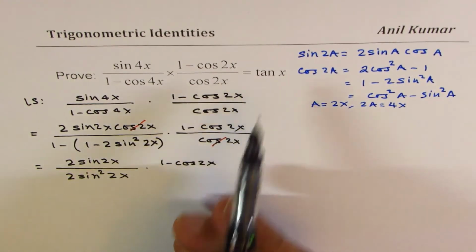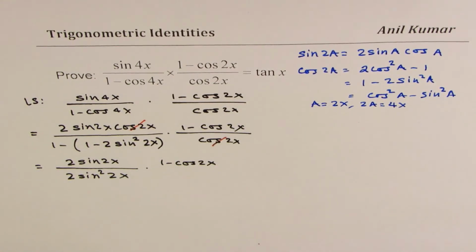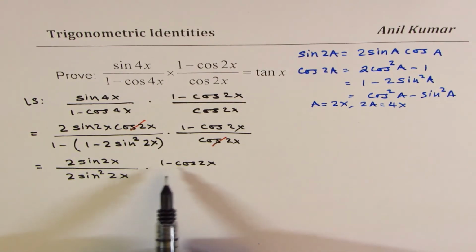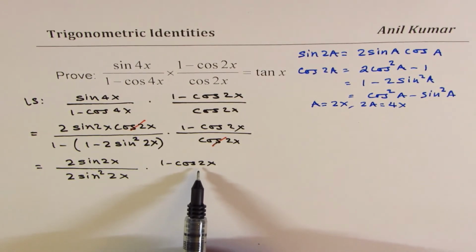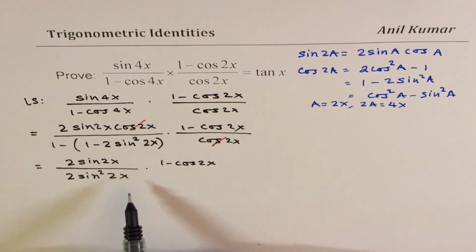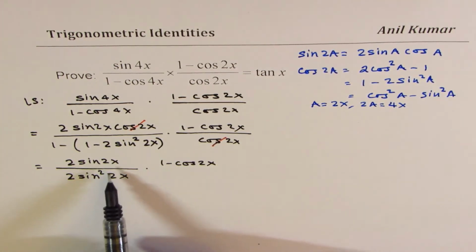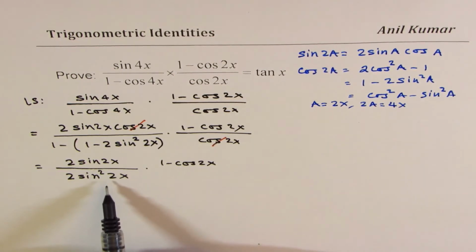We want tan x as our result. So in this particular case, what we can do here is, sine 2x, sine square 2x, one of them gets cancelled, right? So we get sine 2x in the denominator.